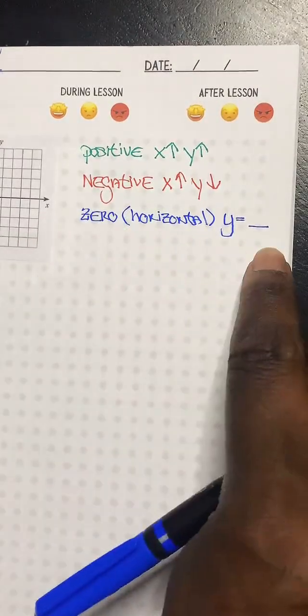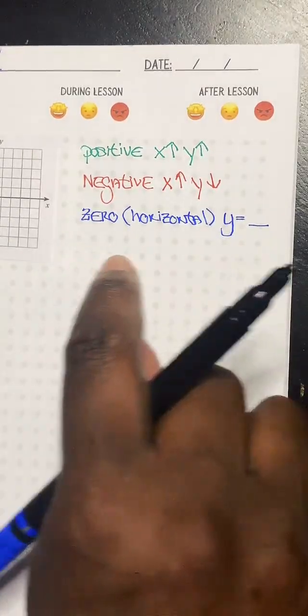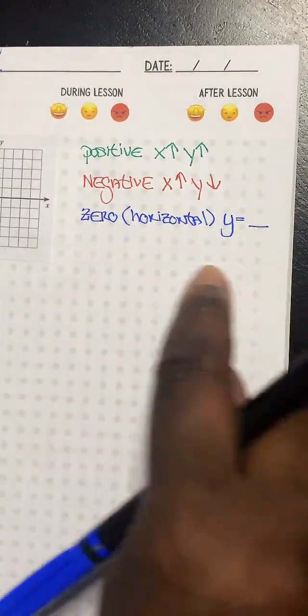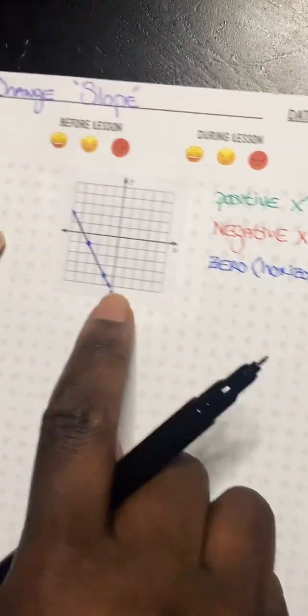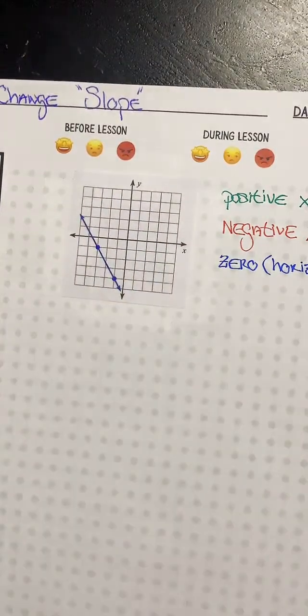Horizontal, horizon, right? When you think of the horizon, just a little cusp of it. Okay, that's going from left to right. And it's only going to cross your y-axis.